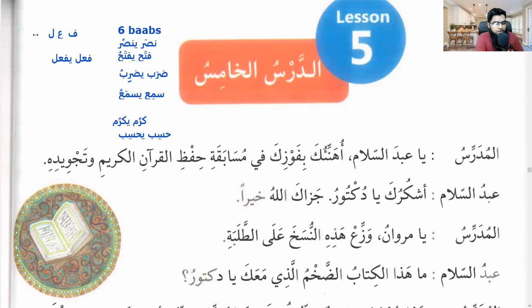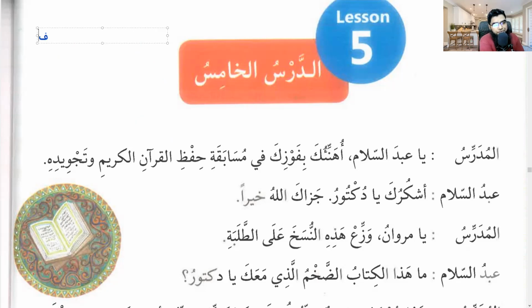Today, these three friends wanted to become strong. This fa, ain, and lam. They wanted to become strong. Now there are two ways in the beginning to become strong. One, internal strength, like you develop internal energy, and then external energy.